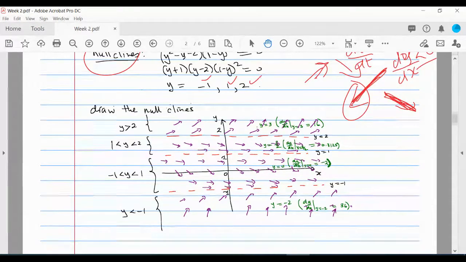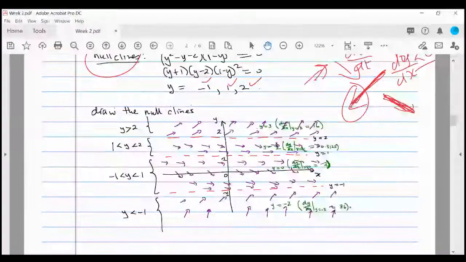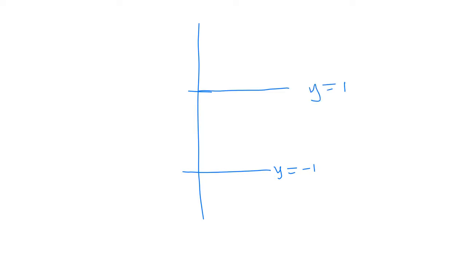So now, by having these 3 lines, what did they do, these 3 lines? y equals minus 1, y equals 1, and y equals 2.